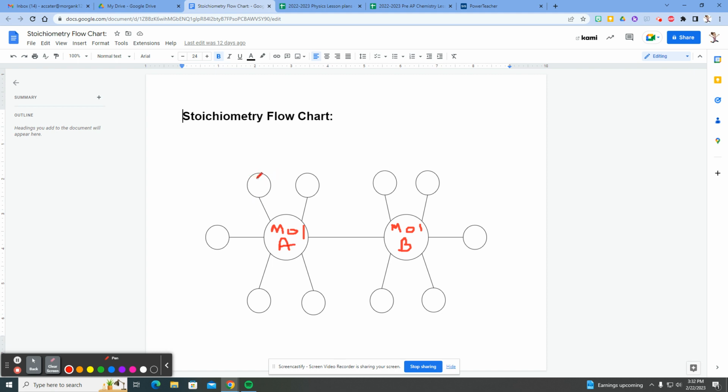So this will be grams, which is molar mass. Then this one would be volume, which is 22.4 liters at standard temperature and pressure. All of these three are going to be Avogadro's number.